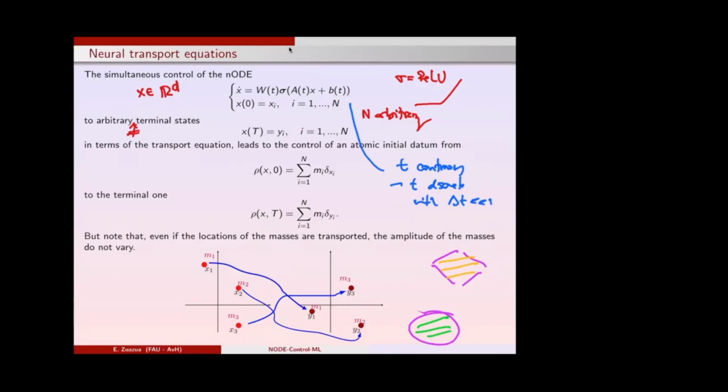Why? Because if I am able to bring x1 into y1, x2 into y2, and x3 into y3, I can allocate the mass m1 to x1, and this mass m1 will be transported to y1, the mass m3 to y3, and the mass m2 to y2. So how is this done?